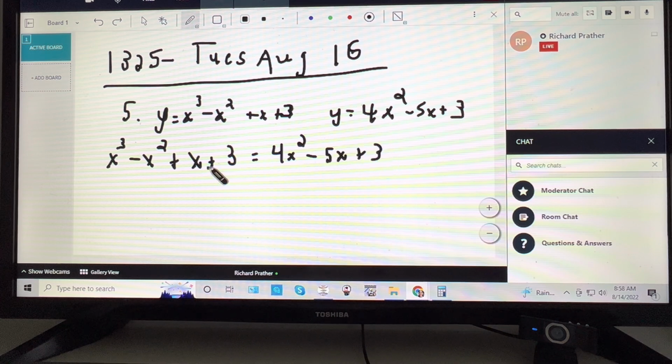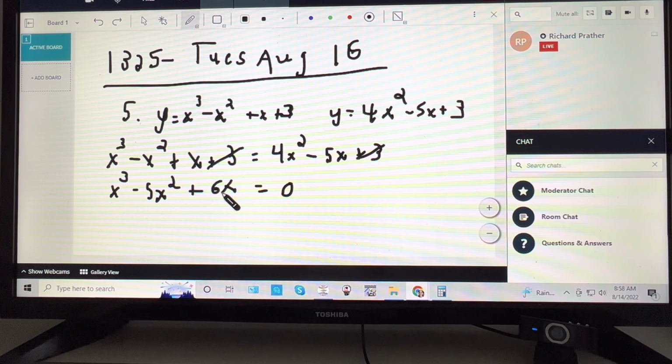So the 3's do cancel out here. You could subtract 3 from both sides. I'm going to get the left side to have all the stuff and then make the right side equal 0. So minus this 4x squared over here. Negative x squared minus another 4x squared would be negative 5x squared. Add this 5x over, x plus 5x is 6x.